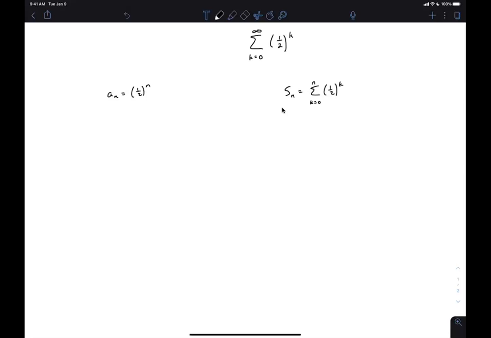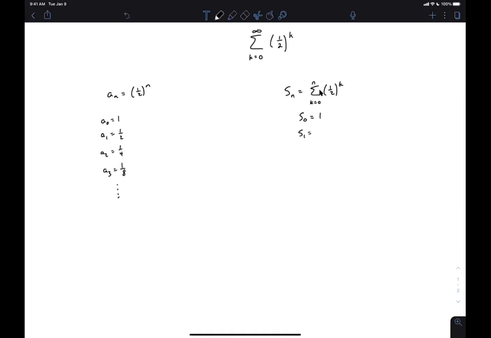And so when you're looking at this, we've got over here, a0 is 1, a1 is 1/2, a2 is 1/4, a3 is 1/8, and so on. And then over here, you've got S0 is 1. S1 is the sum from 0 to 1, so it's 1 plus 1/2.